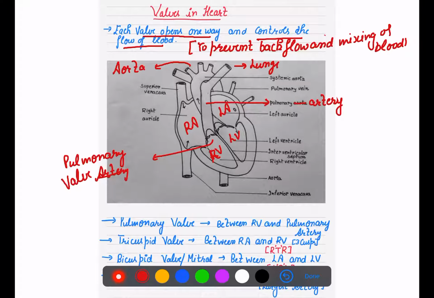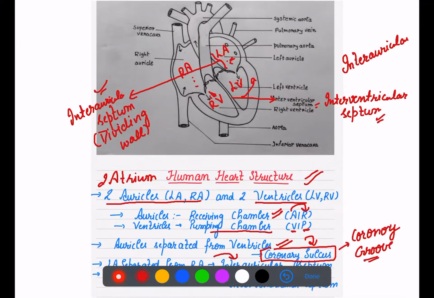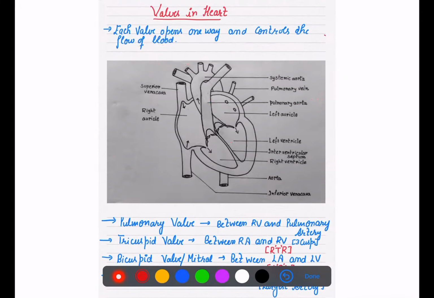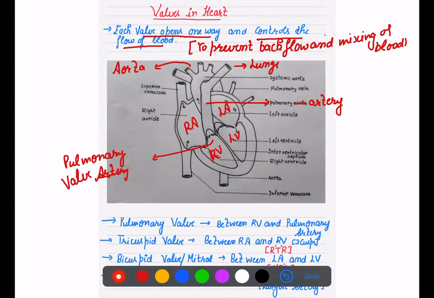Then there is a tricuspid valve. As you can see, the tricuspid valve is present between the right atrium and right ventricle. So right atrium and right ventricle के बीच में कौन सा valve है? There is a tricuspid valve, and here this valve is known as the bicuspid valve, which is present between your left atrium and left ventricle.